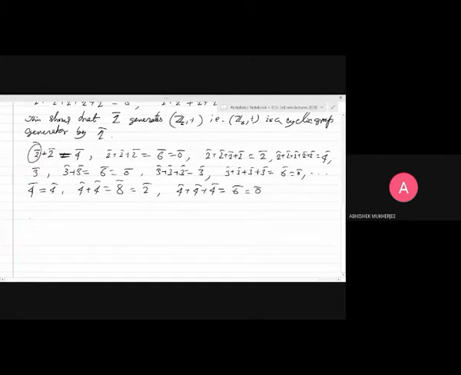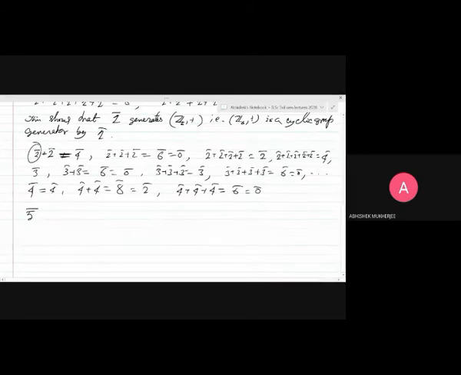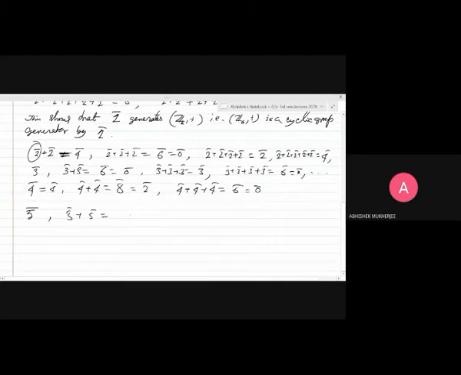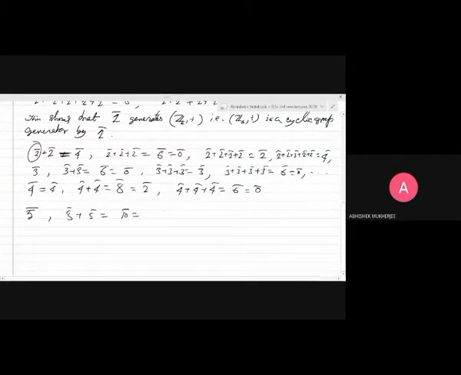Now we have the last one, that is 5 class. If you add 5 class, it gives you 10 class, but 10 modulo 6 is 4 class.